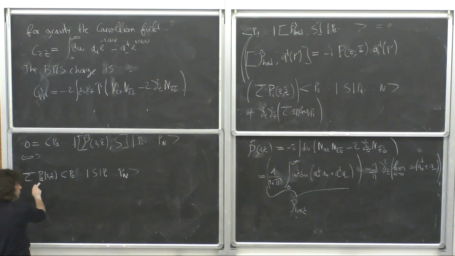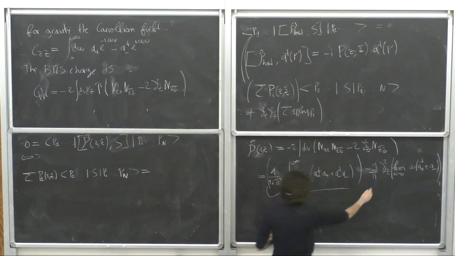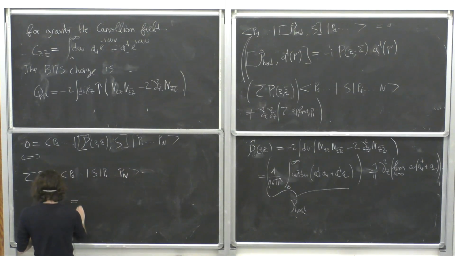This sum of hard momenta doesn't want to be zero, but now it's okay because you have insertion of a soft gravity on the other side, so you're safe, and your amplitude can be non-zero.